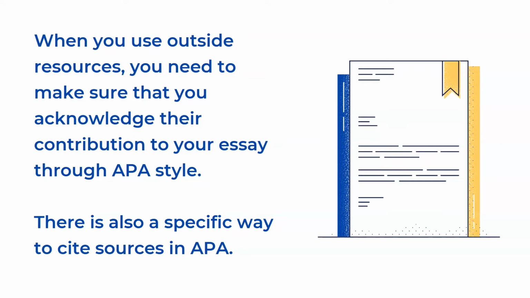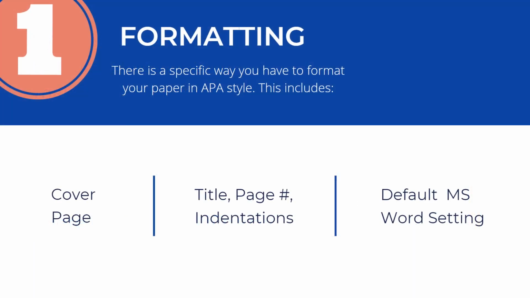Another reason it's important is because the reader of your paper may want to know more information about what you've written about, and a good way to do that is for them to look at your citations and then go to that source themselves.